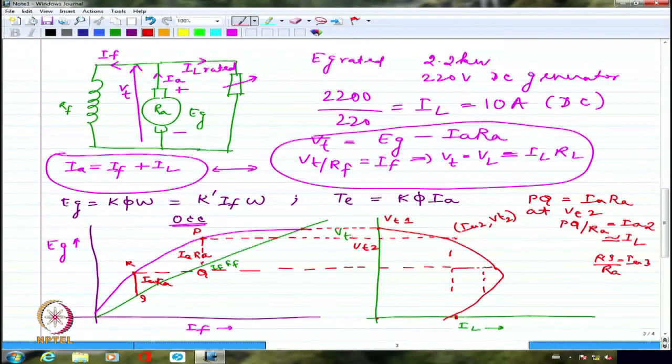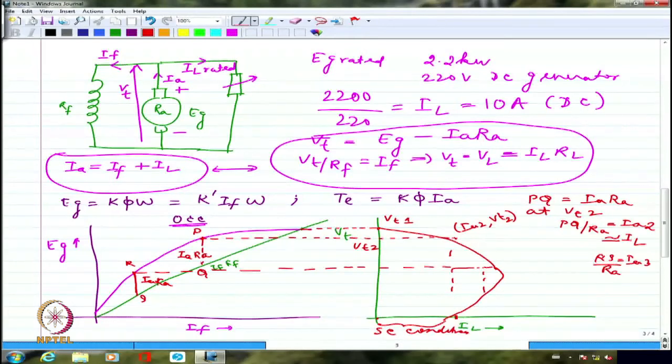Corresponding to the internally generated voltage, I will have IA-RA equal to EG. That's all I will get. And because it is IA-RA equal to EG, I am getting 0 voltage as the terminal voltage, because EG minus IA-RA will be IA-RA minus IA-RA, which will be 0 volts. So this is my short circuit condition.